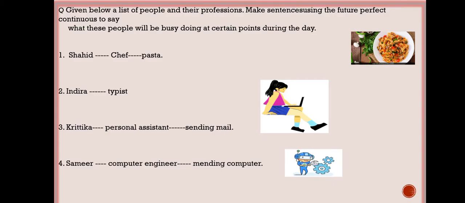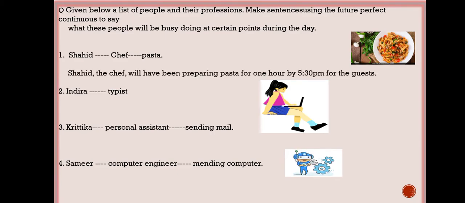Able to frame the sentence? Let's check whether you have done correctly or not. Shahid, the chef, will have been preparing pasta for 1 hour by 5:30 p.m. for the guests. Coming to sentence 2, Indira, typist.